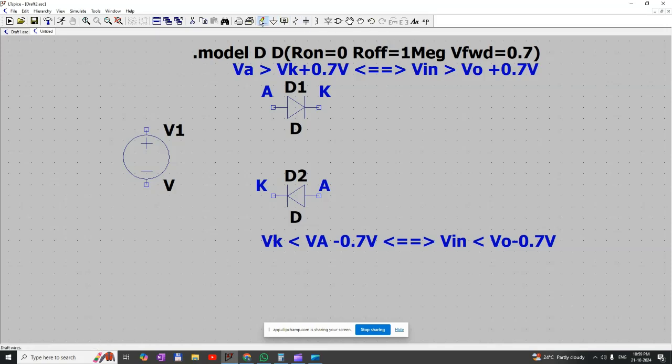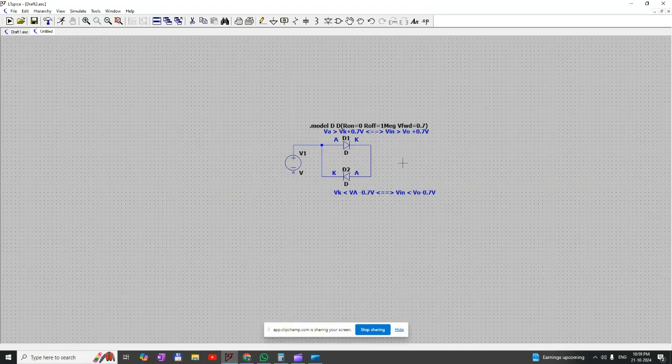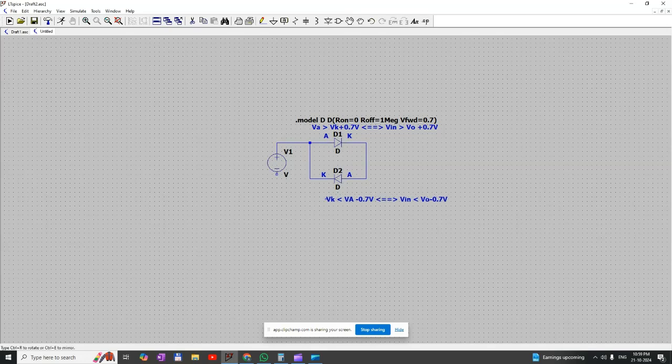Now we are going to connect V1 to the anode of this, and here V in to the cathode, the reverse bias, and we are applying the ground terminal here. And we are going to measure the output.